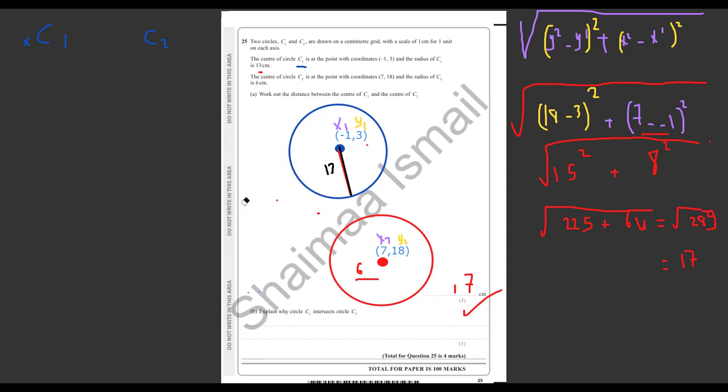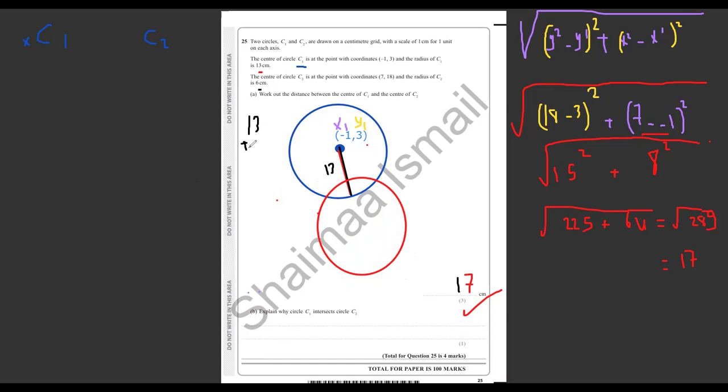Because the distance between the two circles is 17, we have to make sure that the other circle intersects the second circle by 2 centimeters, as 13 plus 6 is 19, and the distance between the two centers is 17, so they overlap by 2 centimeters or 2 units.